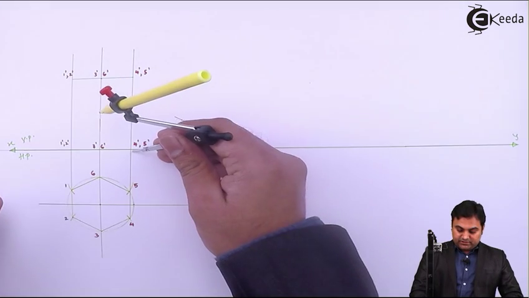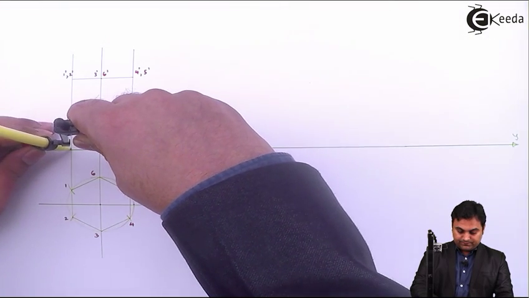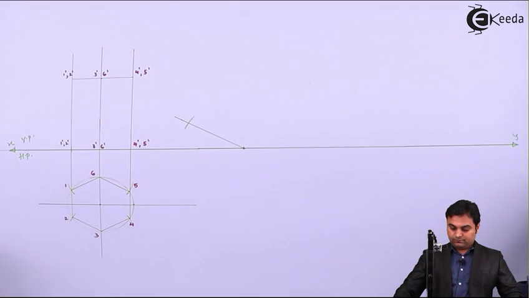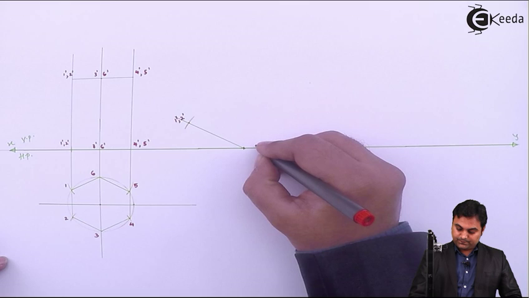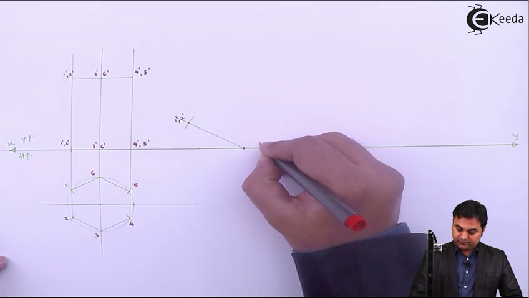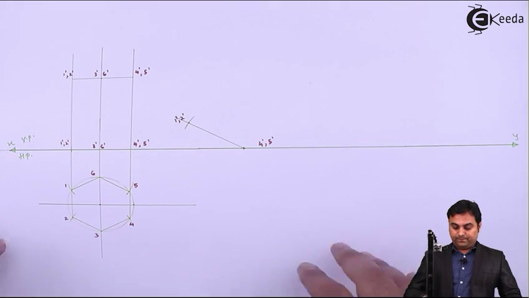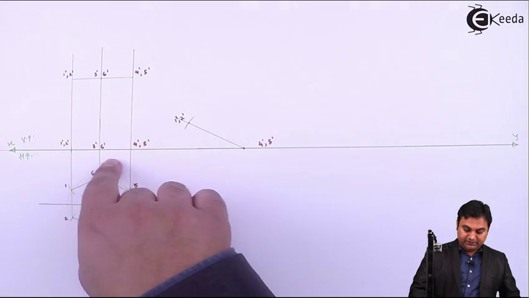Measuring the base, that is from 4 5 up to 1 2. Here this edge 1 2 is perpendicular to the base.